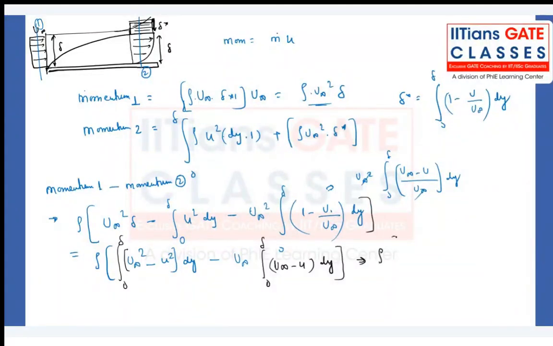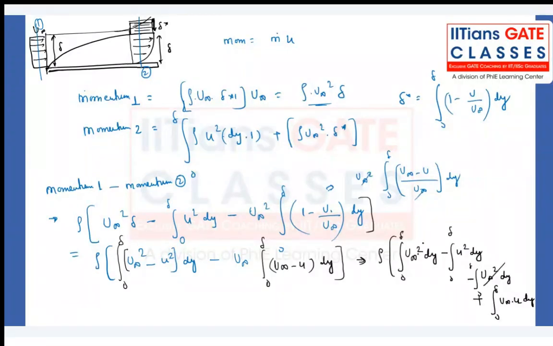So rho into minus of u infinity square into dy from 0 to delta plus u infinity into u dy 0 to delta.